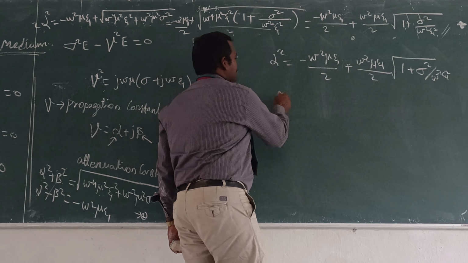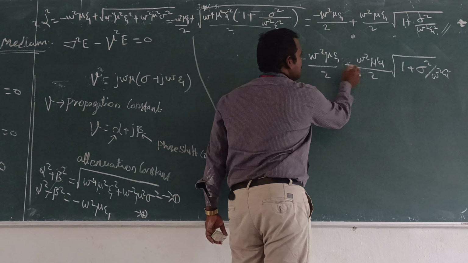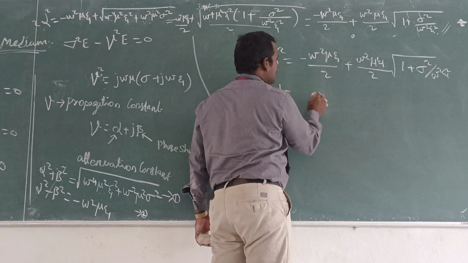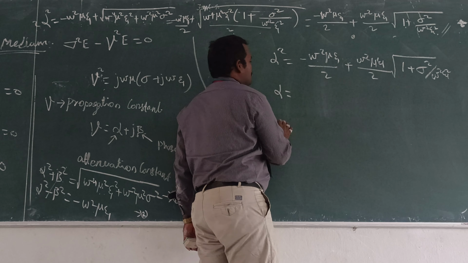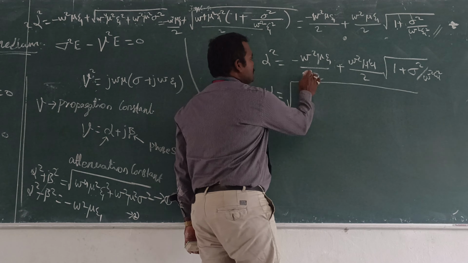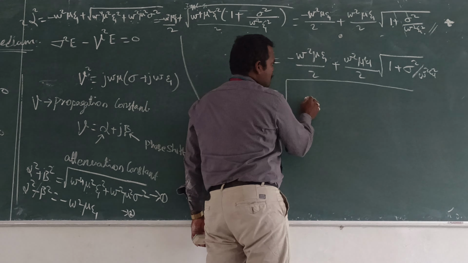But we need alpha alone. Both terms have the same element, so you can take it commonly and find alpha. While making alpha alone, in the square root it will come, and this common term you can take out.